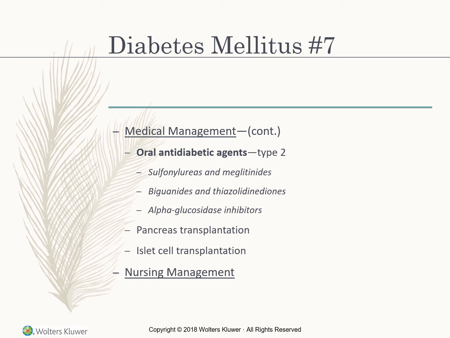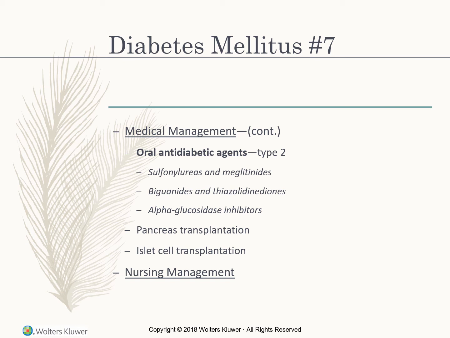The biguanides and TZDs help tissues use available insulin more efficiently. Now, metformin doesn't promote weight gain like the sulfonylureas, and it does not trigger low blood glucose levels. However, it can cause an upset stomach, flatulence, diarrhea, and is associated with a small risk of lactic acidosis.